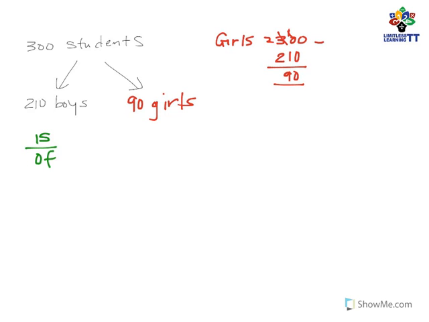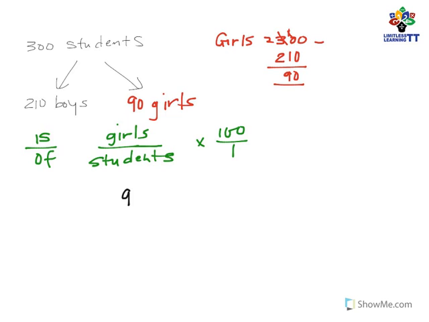So the question asks, what percentage of students is girls? My of represents students. My is represents girls. So what I'm doing is putting girls over students, and then I want to find the percentage. And when I want to find a percentage, I always multiply by 100 over 1. So I'm going to take my number of girls, put it over the number of students, and then multiply by 100.